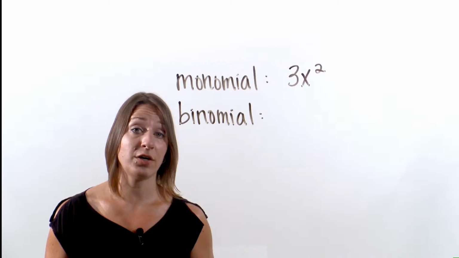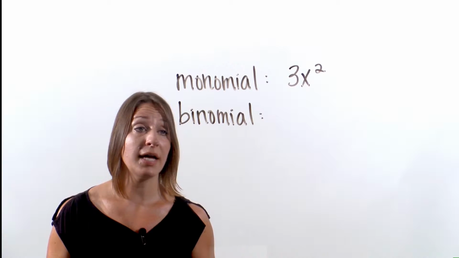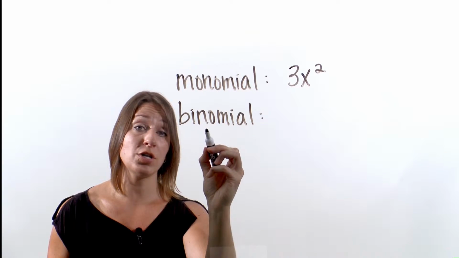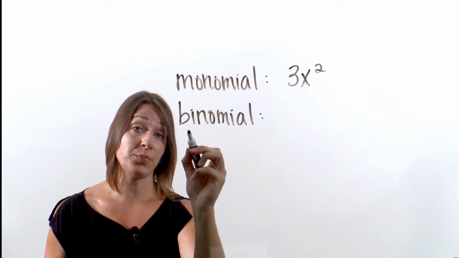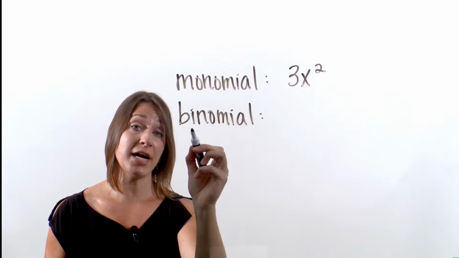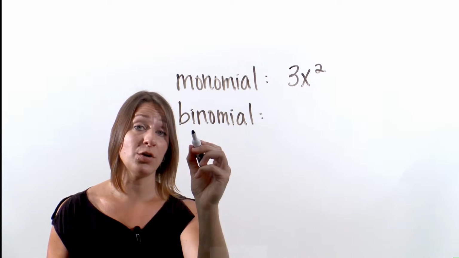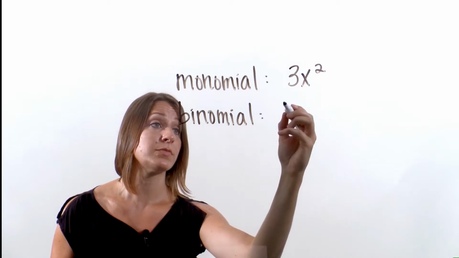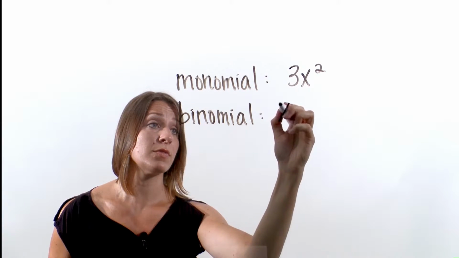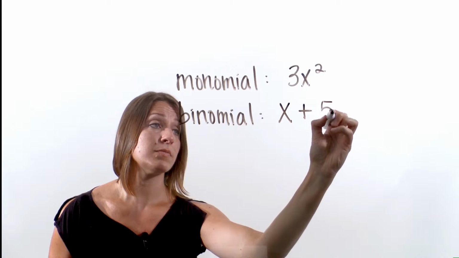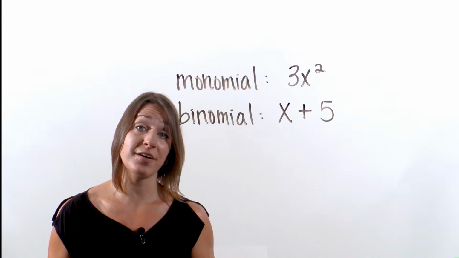Another word you may hear is binomial. Again, our root word, nomial, has stayed the same, and the prefix has now changed. A binomial means a polynomial with two terms. For example, something like x plus 5.